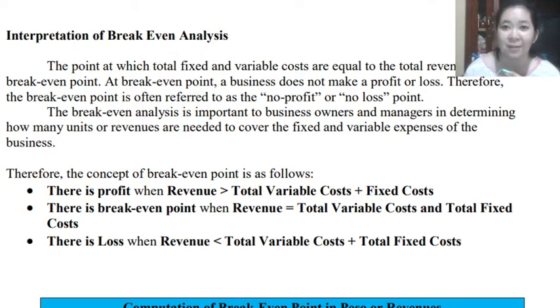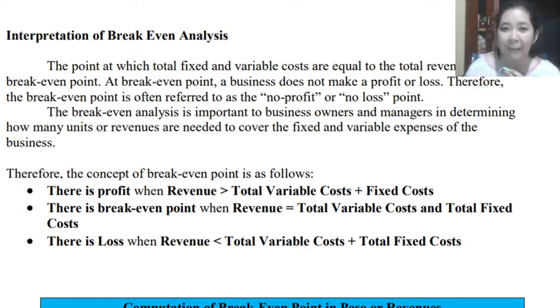Your revenue is just equal to your total cost incurred, meaning there is no profit nor loss. And the third is there is loss when the revenue is less than the total variable and fixed cost. Of course, if your revenue is less than your cost, then the result will be a loss. So this is how to interpret your break-even analysis.